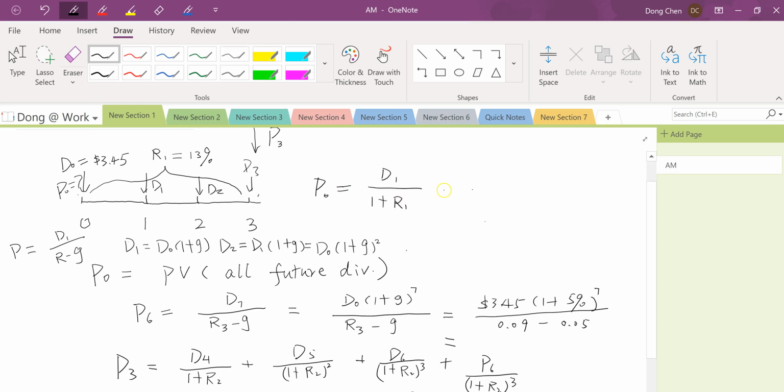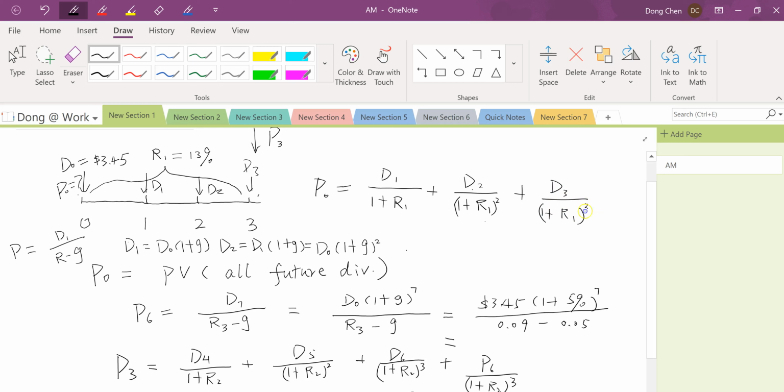It's no longer R2 or R3, because for the first 3 years, the discount rate is R1, 13%. And then continue to add D2 over 1 plus R1, squared, two years back, and continue with D3 over 1 plus R1, cubed.